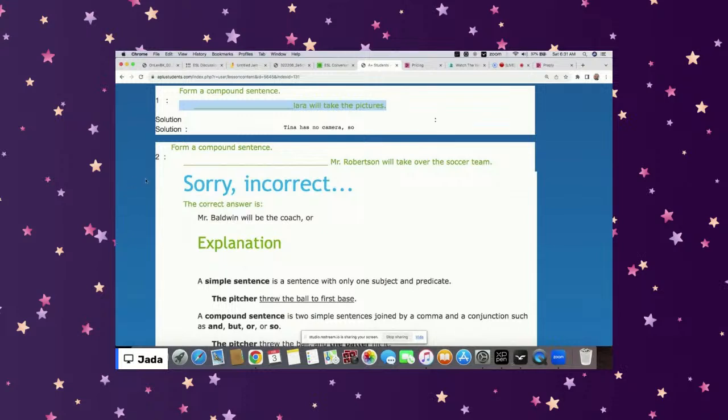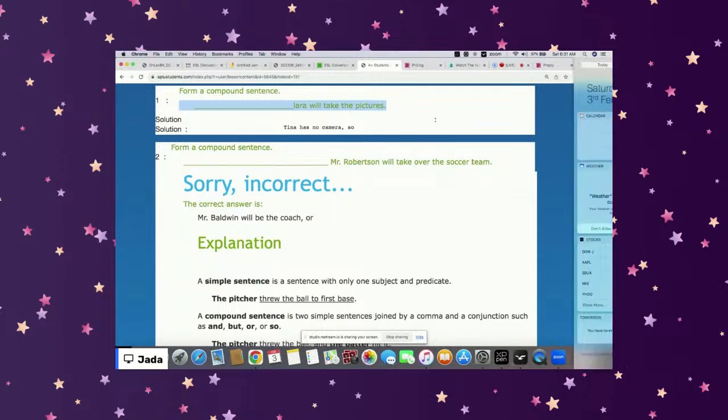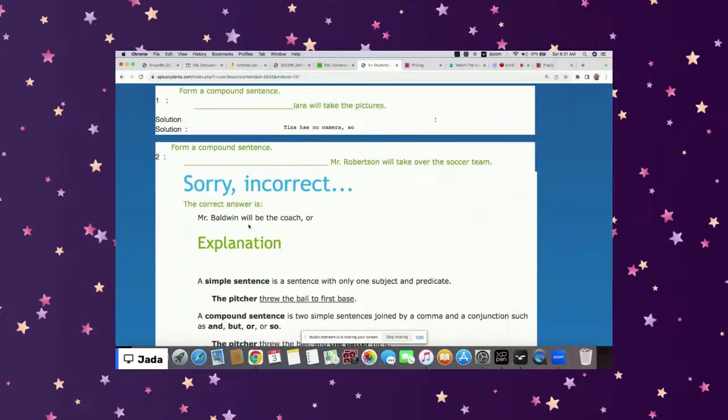All right, form a compound sentence. Mr. Robertson will take over the soccer team. So it says here that Mr. Baldwin will be the coach, or Mr. Robinson will take over the soccer team. So like I have said, it's going to be the option with the right comma and conjunction.